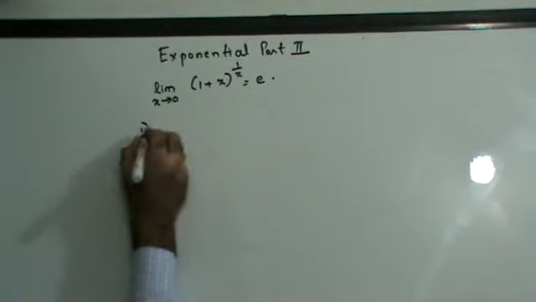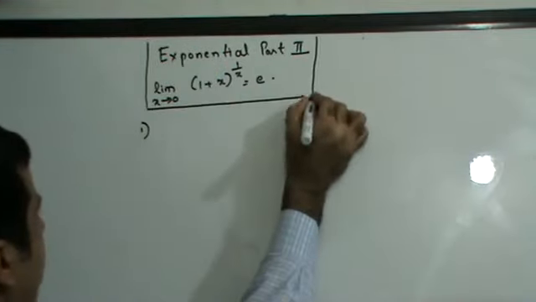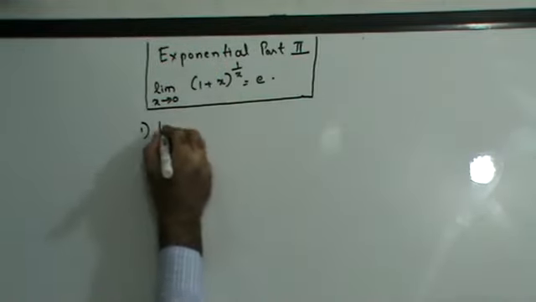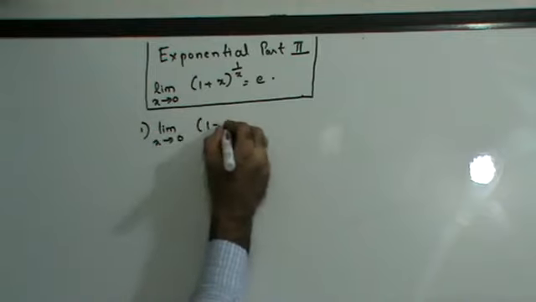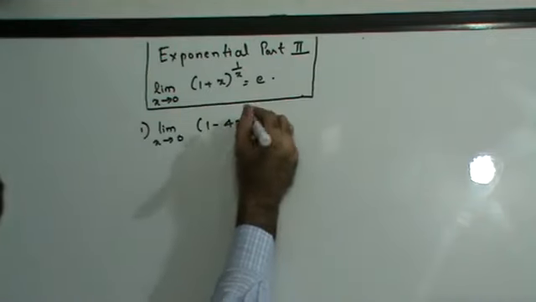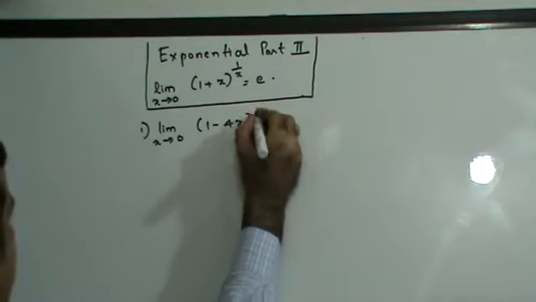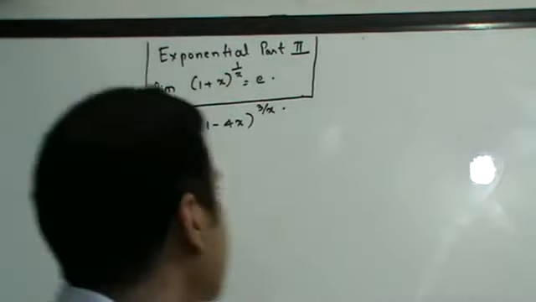First sum, we keep this separately here so that we know what formula we are using. Limit of x tends to 0, (1 minus 4x) raised to 3 upon x. Now let's see how do we do this sum.